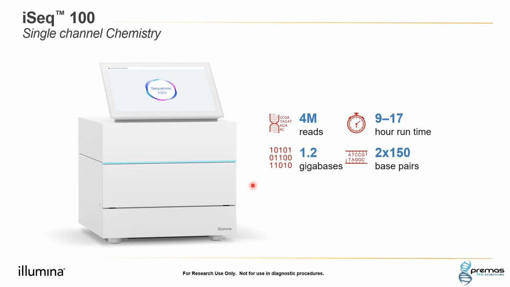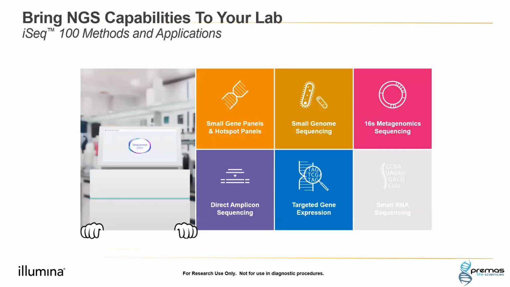It has no fluidics built in, so low maintenance, no washing steps, and it is user installable. Since the data is less, you can go for small gene panels, small targets, amplicons. This is what you can do in this sequencing system.